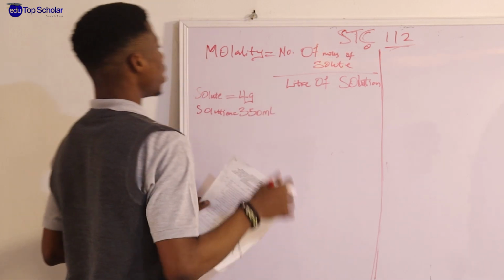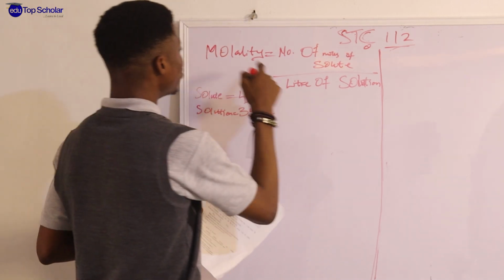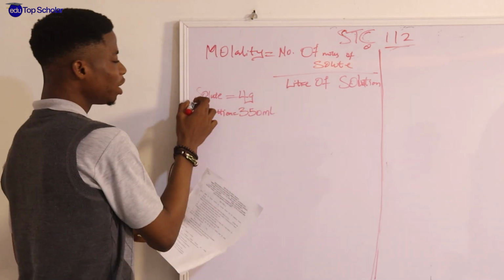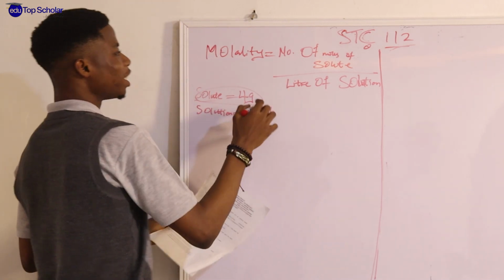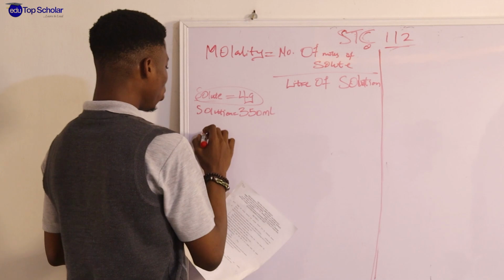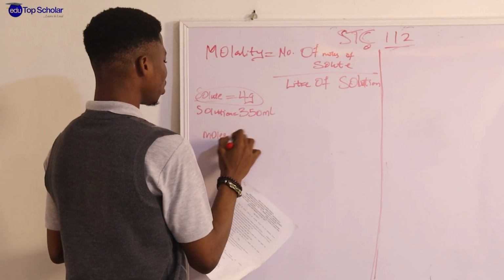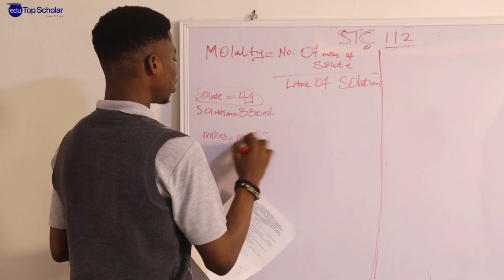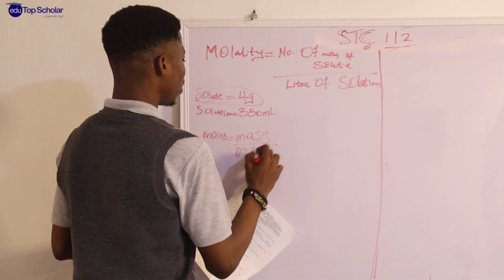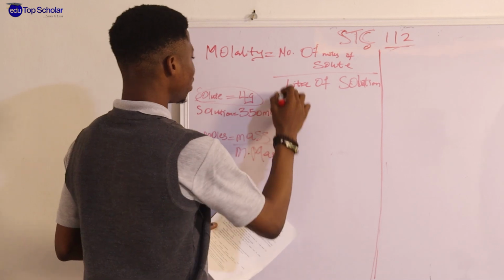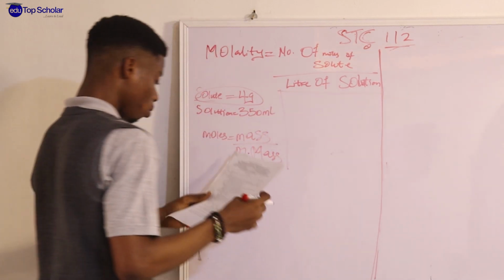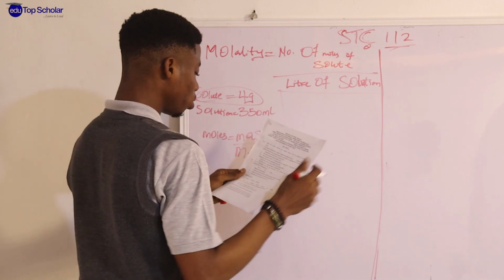We are asked to calculate the molality. We are given the grams of the solute, but don't forget that we need the moles. So our mole is mass over molar mass. Don't forget, mass over molar mass. And then our solute is what?